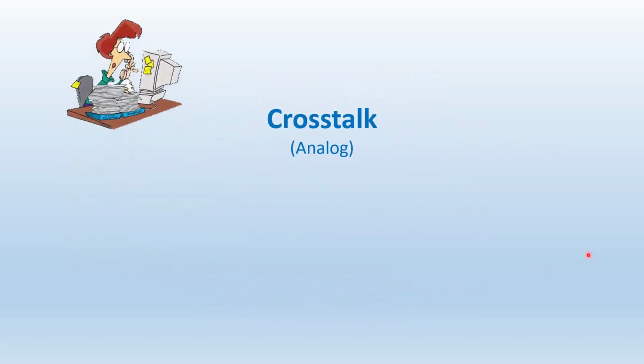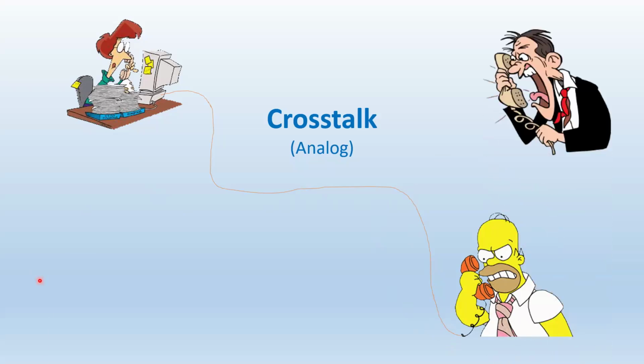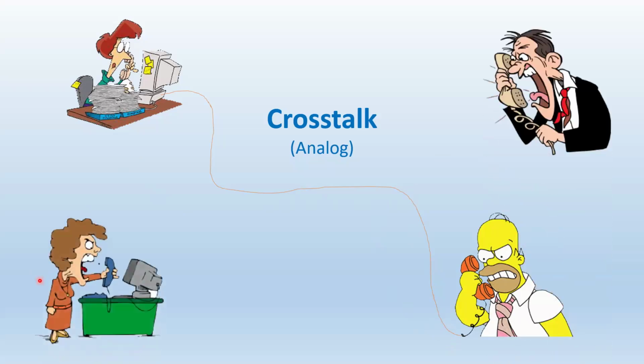Let's say we have a couple of people having a beautiful, nice, and happy conversation on a telephone, and their telephones are connected with a wire. I'm not sure if you can see that here. And there is another conversation happening between two other happy people.